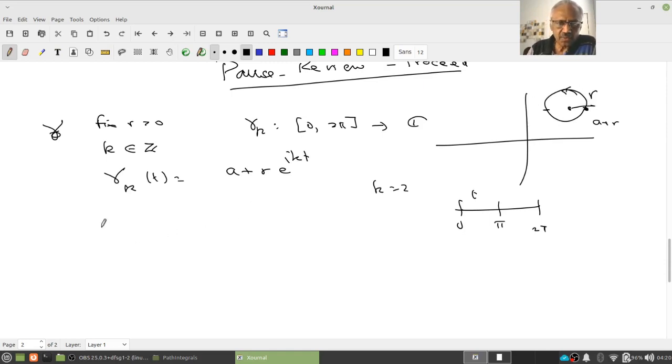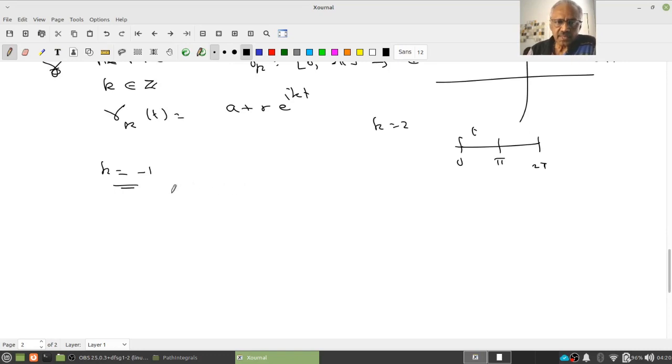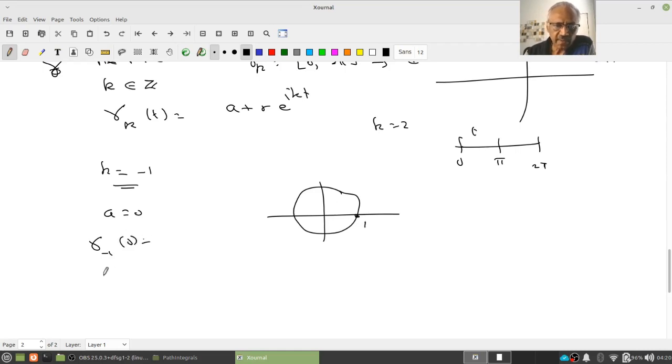When k equal to minus 1, let's try to understand what it means. Take a equal to 0 so that it may be easier for you to understand. So this is minus 1, I am taking at 0, this of course is 1, right? And what is gamma minus 1 at pi by 2?